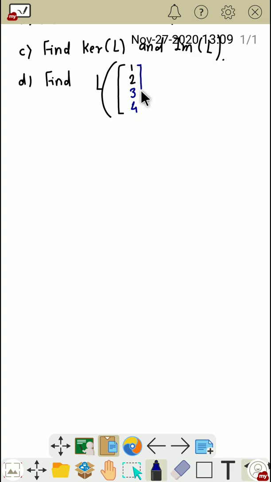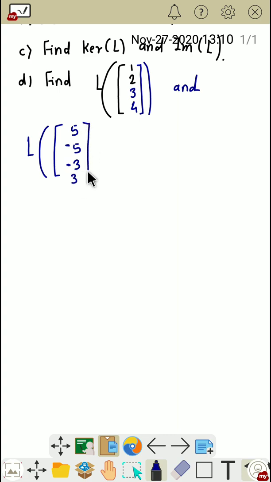So we will find the value of L of this vector and also find L operating on the vector (5, -5, -3, 3). Okay, so now D is very simple. We write the answer.